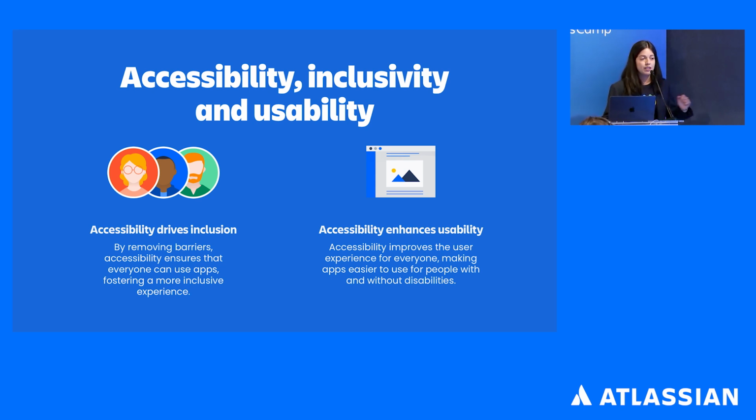Then also, it helps improve usability. How? Well, usability is about making apps efficient, effective, and satisfying for your users. Accessibility ensures that your apps are efficient, effective, and satisfying for even more users.